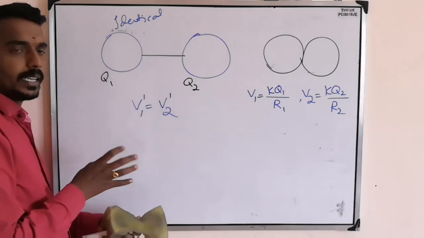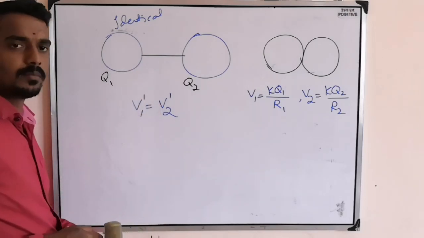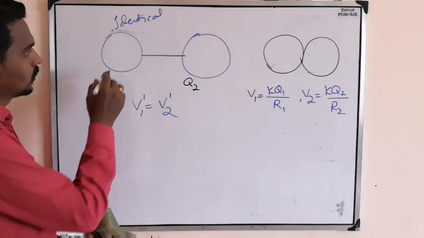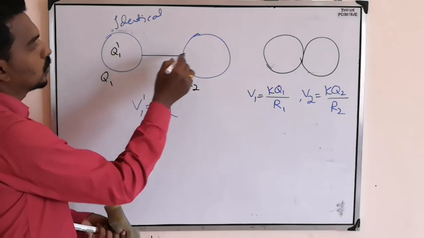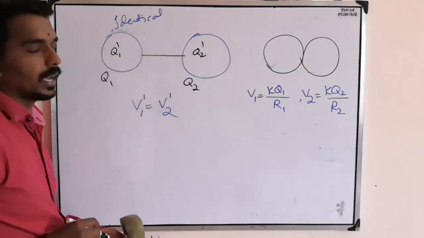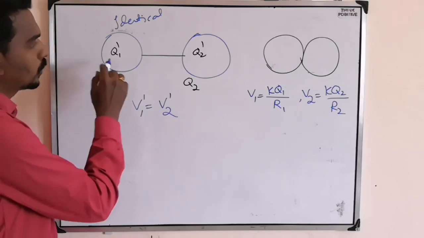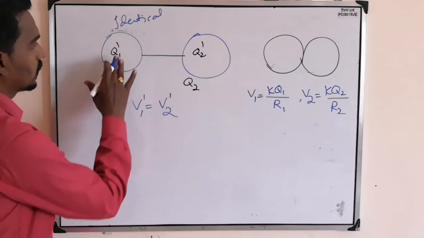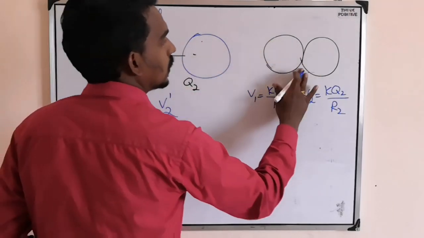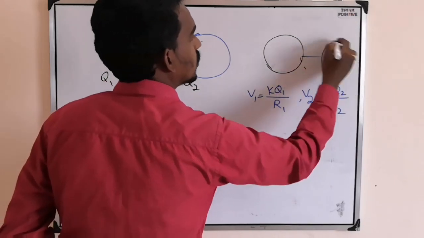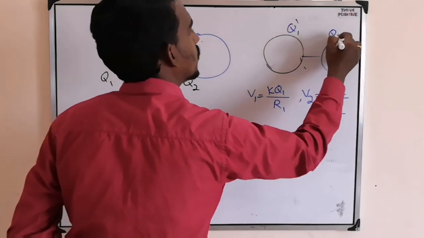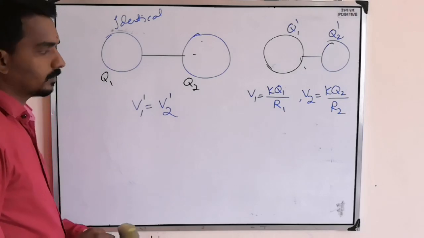Now after connecting, their potentials must become equal, and I will tell you the charges q1 dash and q2 dash.